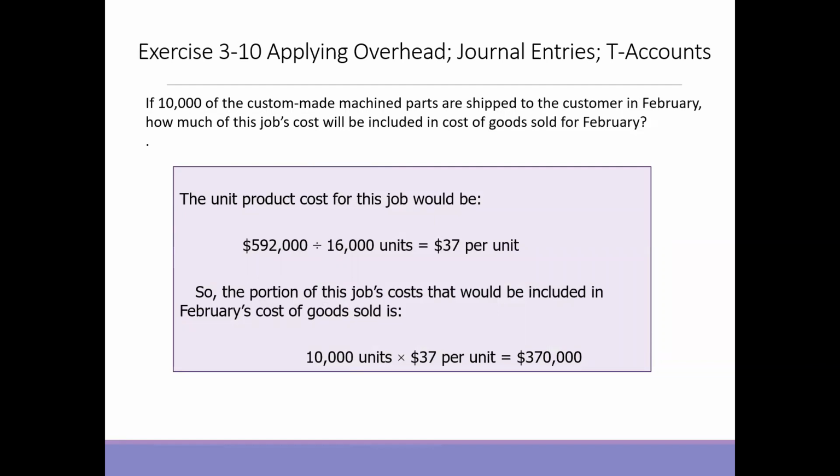So we had made 16,000 units. We can come up with our price per unit, but we actually sold 10,000 of those units. So 370,000 would go into cost of goods sold.